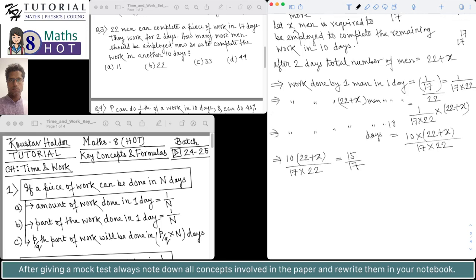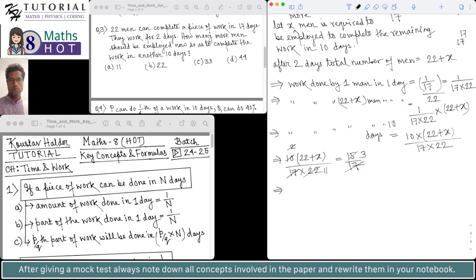I can cancel out 17 from both the denominators. I can also divide both the sides, LHS and RHS, by 5, and I get 3 and I get 2. Also I can cancel 2 and this 22 by 11.